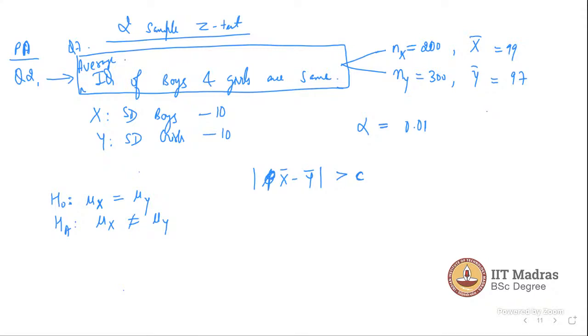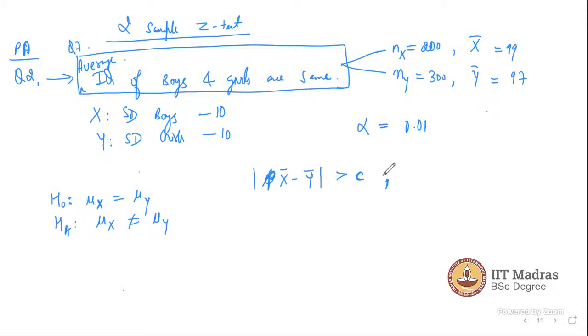My point: mod of x bar minus y bar, can we consider this as the alternate hypothesis? No, why take this as an alternative hypothesis? The alternate hypothesis should be in terms of the population, right?